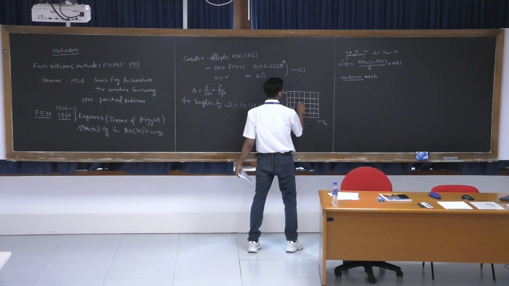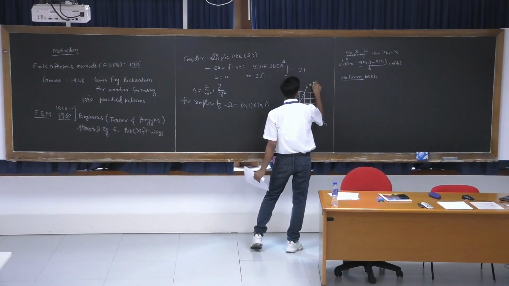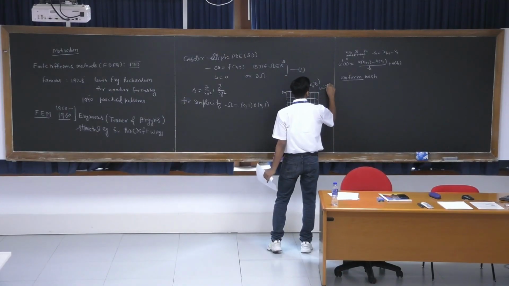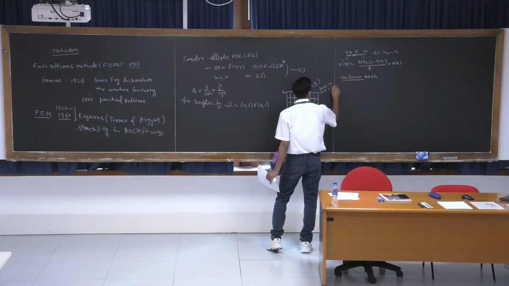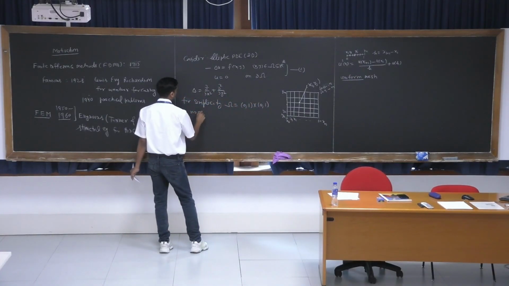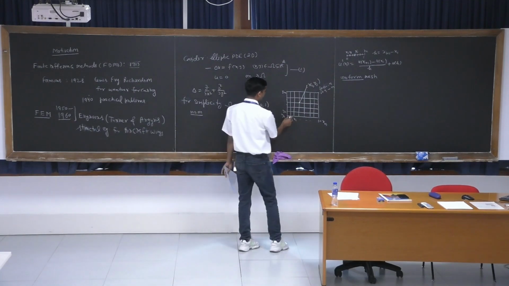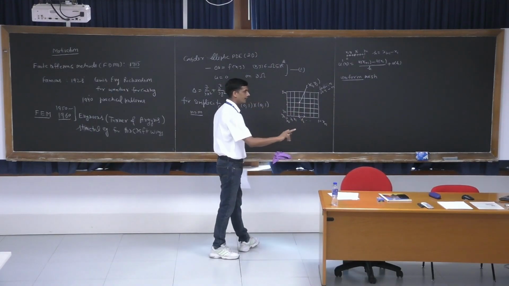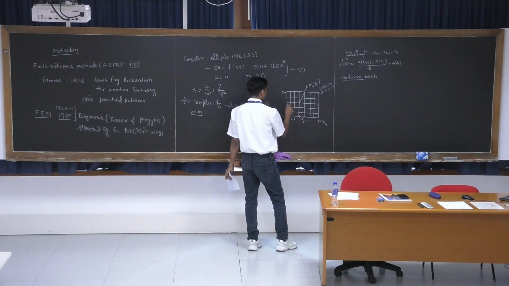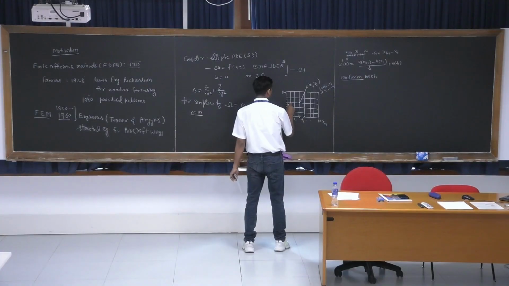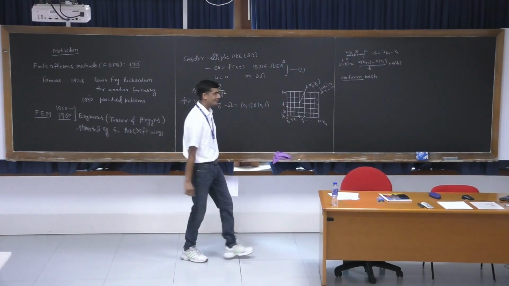Suppose this point is xi, yj, where i is 0 to n, and j is 0 to n. But let's assume again that n is equal to m. I am assuming h is the step length in the x direction, and same here, because n is equal to m, in the y direction also I am assuming h is the step length.